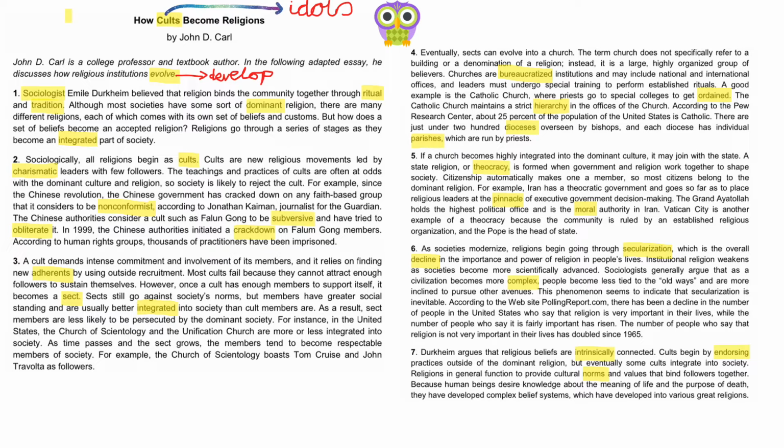Okay, and then you have what we call a sect. A sect is another group of people, but the difference here is you're looking at how these cults build into a larger group for their support.